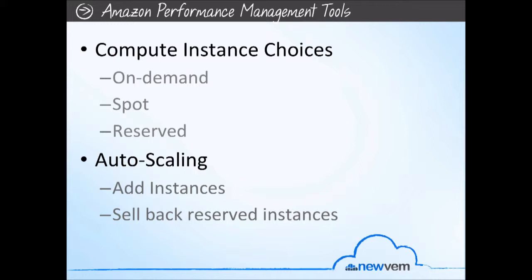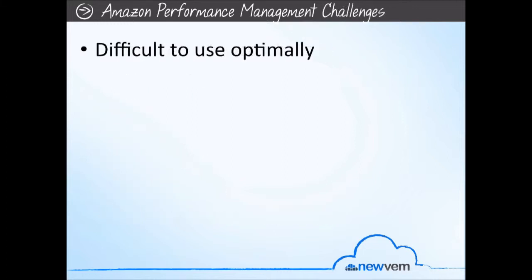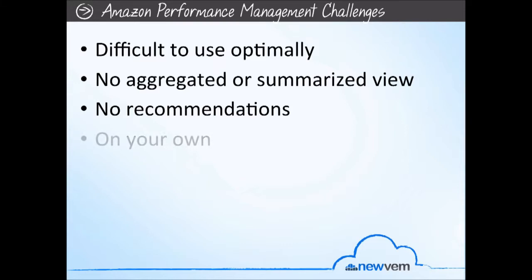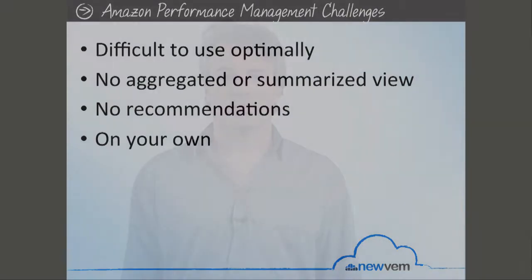These tools are easy to deploy, but difficult to use optimally, especially if you have a large number of resources deployed. Amazon provides no aggregated or summarized view. Also, Amazon provides no recommendations to optimize usage. You're basically on your own to figure it all out.